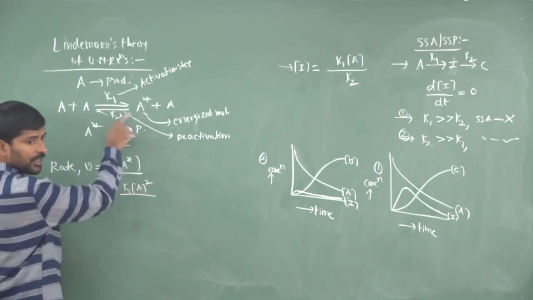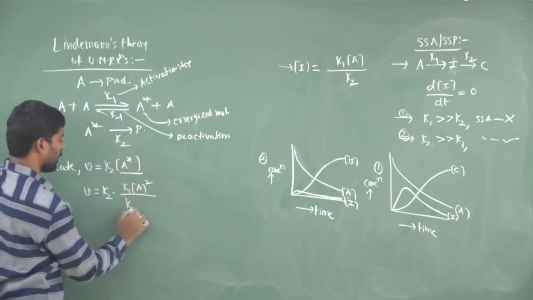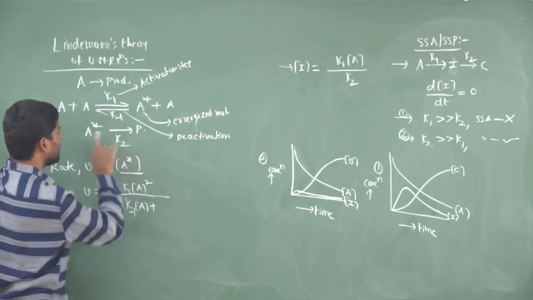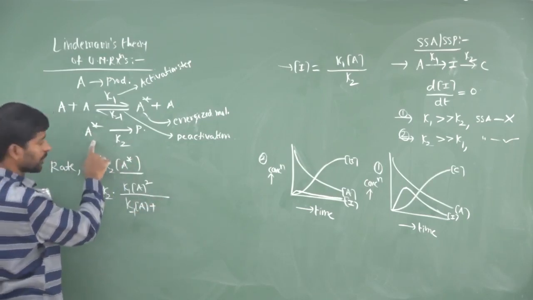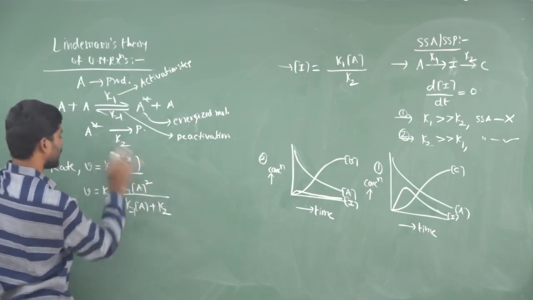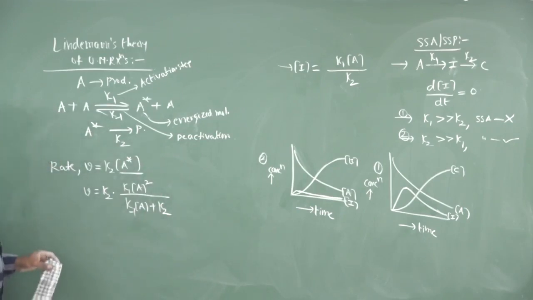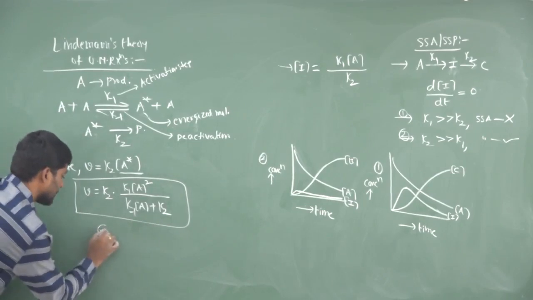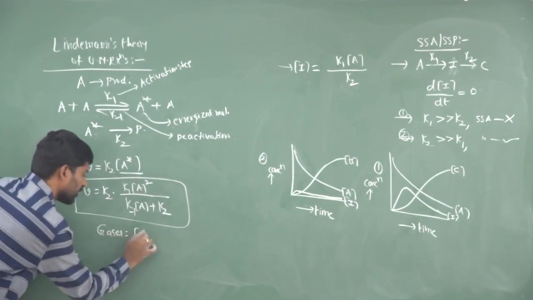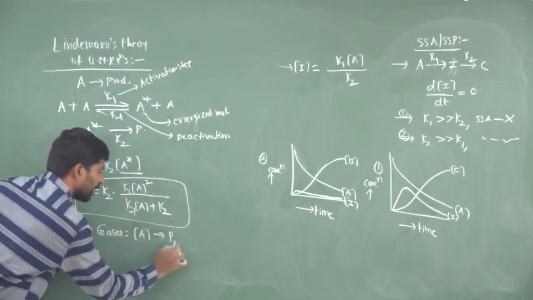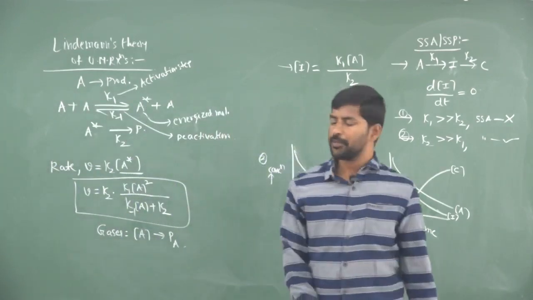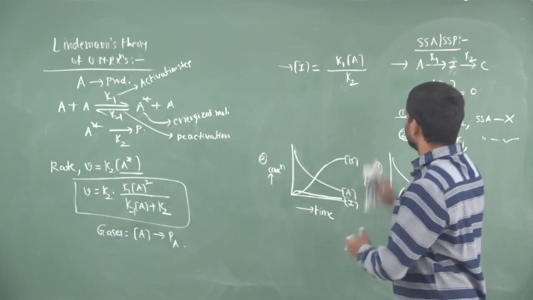In the backward reaction A star is consuming, so K-1 into A, other than A star. In this step also A star is consuming, so K2. So this is the rate equation. For reactions involving gases, we replace concentration by pressure.